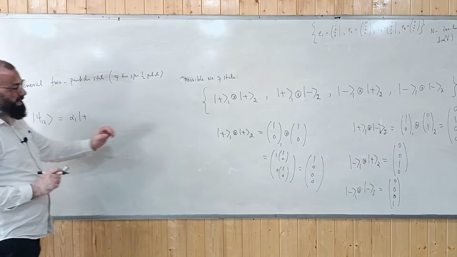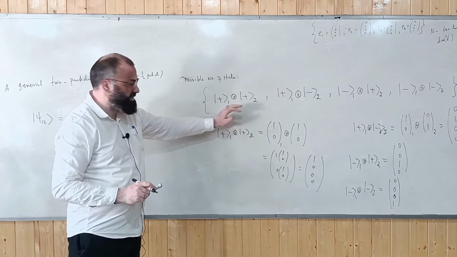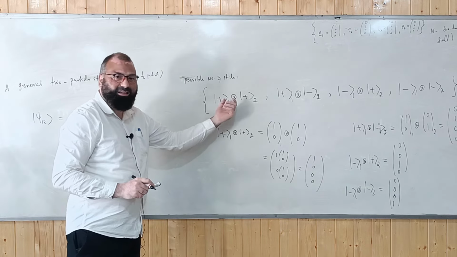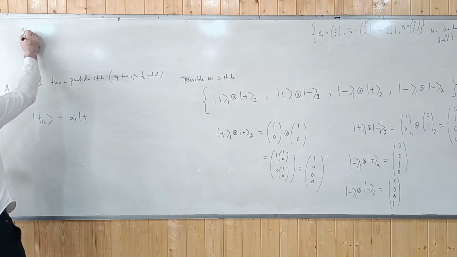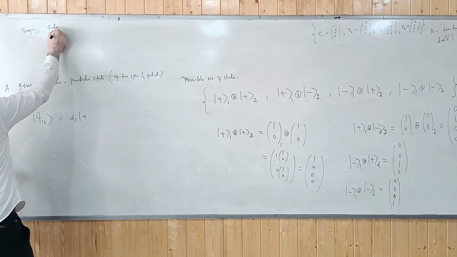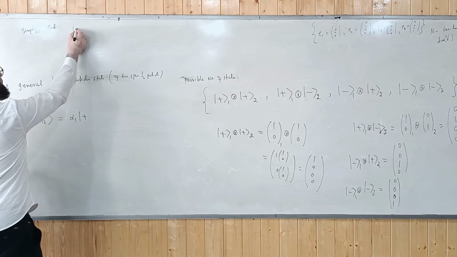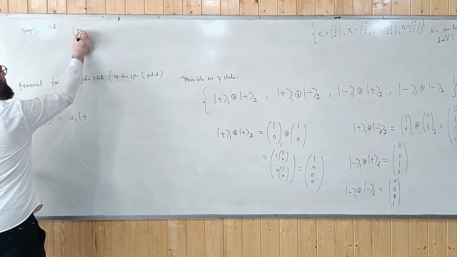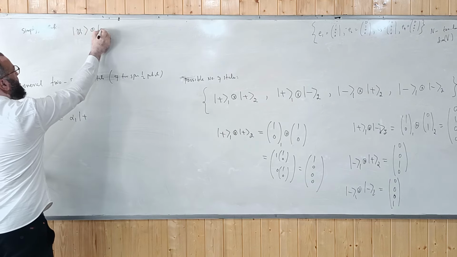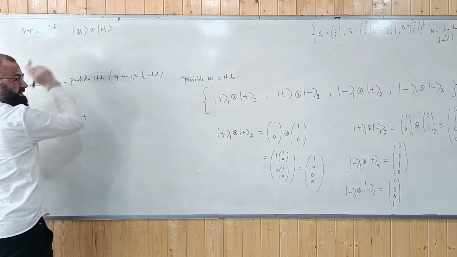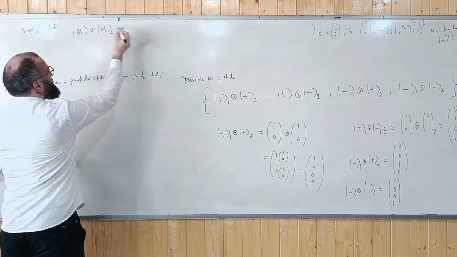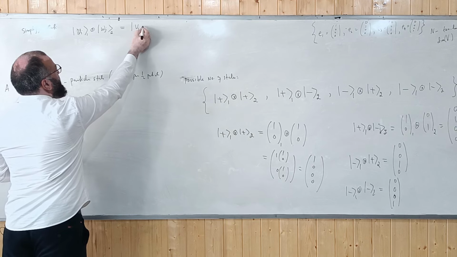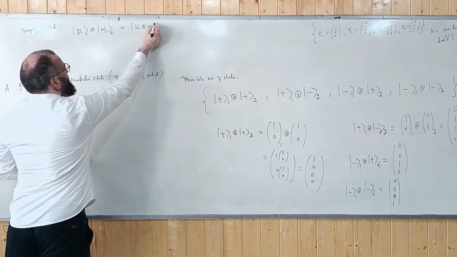Okay, so let me simplify this notation instead of writing it this way. Let's say I have a vector Vi tensor vector Wj. Clear? This corresponds to particle 1, and this corresponds to particle 2, so I can write this as Vi tensor Wj.